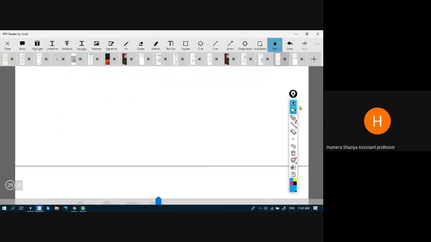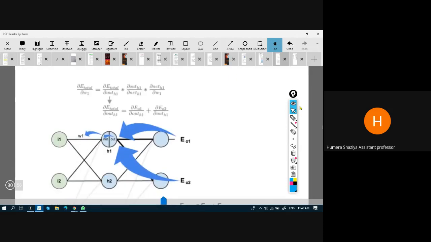And then look here. The error on the O1 node has been backpropagated and the updated weights found in this direction until W1. So O1 through this way has reached W1, O2 also through this way reached W1, because they all are connected with each other.